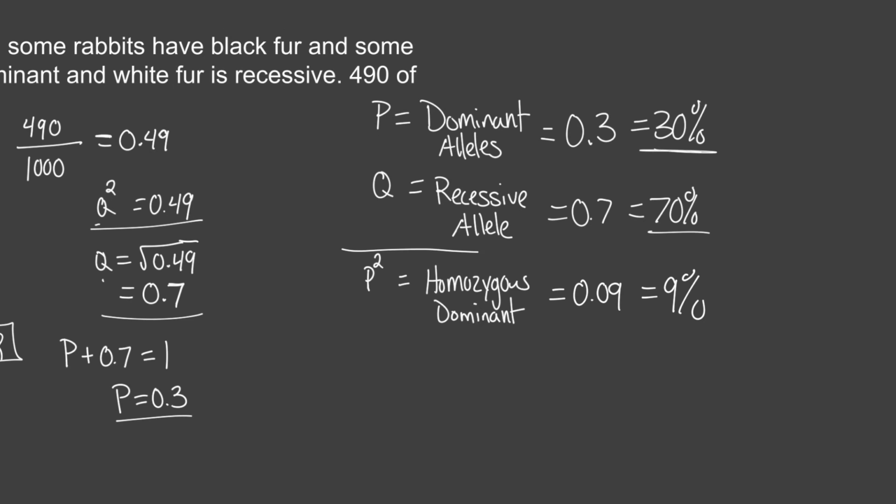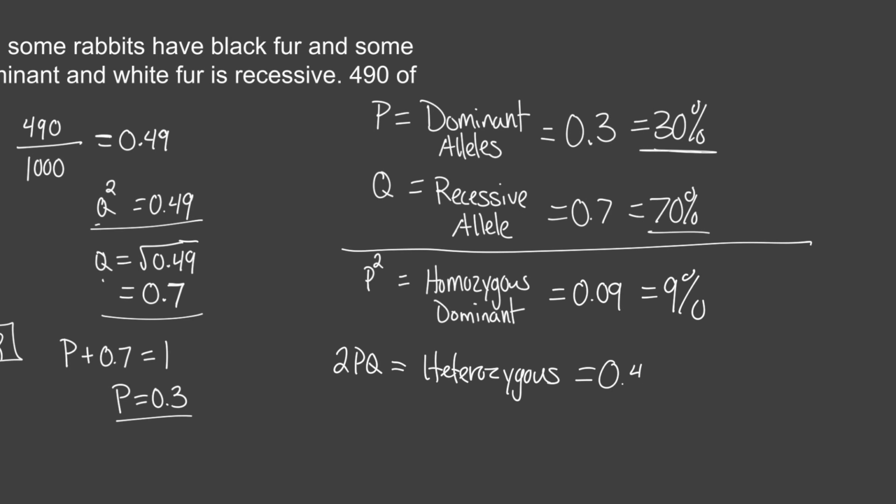I'm going to draw a separating line here for our two different equations. Our 2PQ, which represents heterozygous rabbits, was 0.42, which equals 42%. So 42% of the rabbits are heterozygous.